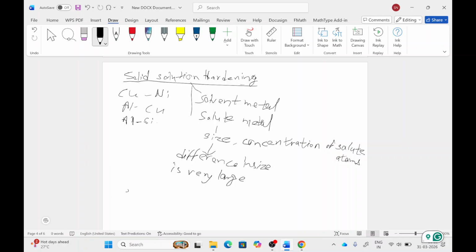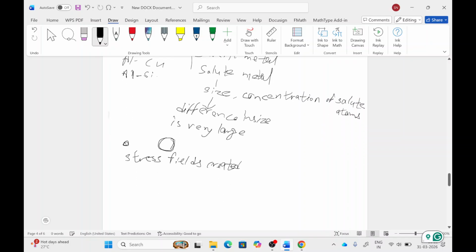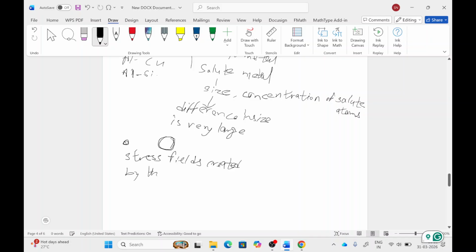Like if it is a very small solute atom or a very big solute atom, these atoms will create a strain field in the primary metal matrix, and the stress field created by these atoms interacts with dislocations and pins them.